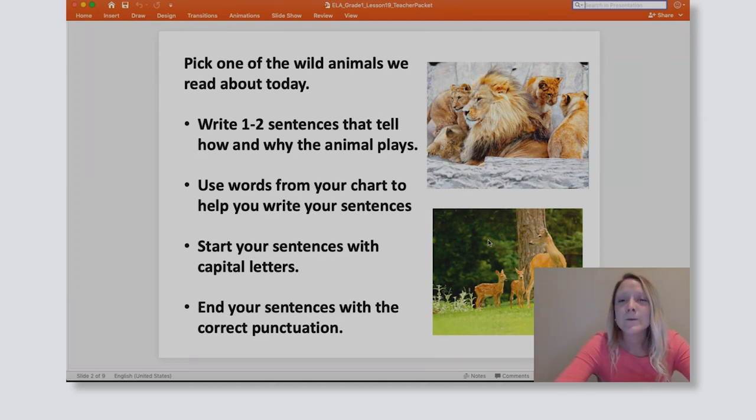Now, before we get to our next part in our text that we started last time, we are going to review what we learned in our story, Why Do Animals Play, for our last lesson. Last time we read about how and why young deer or fawns, right, and lion cubs play, didn't we?